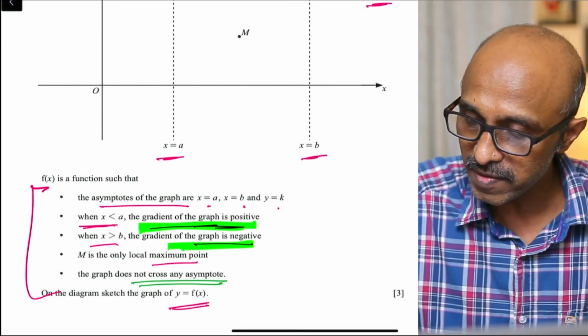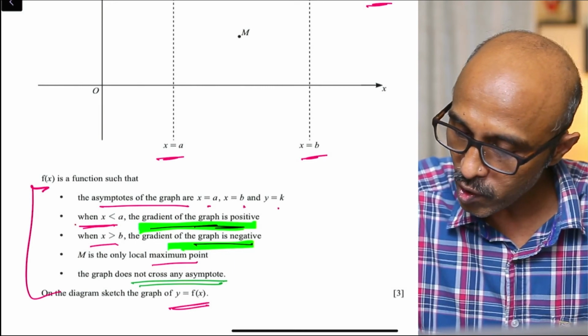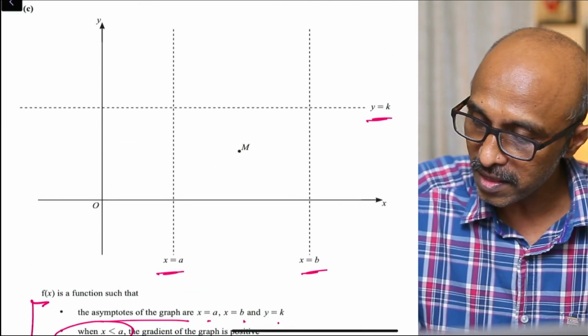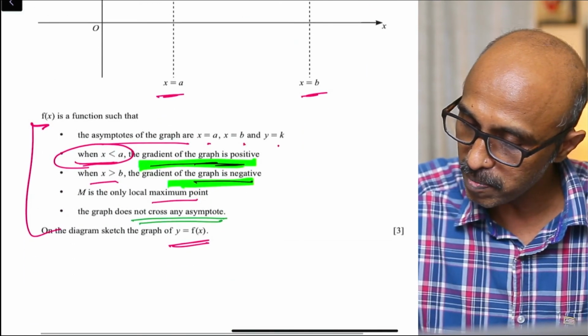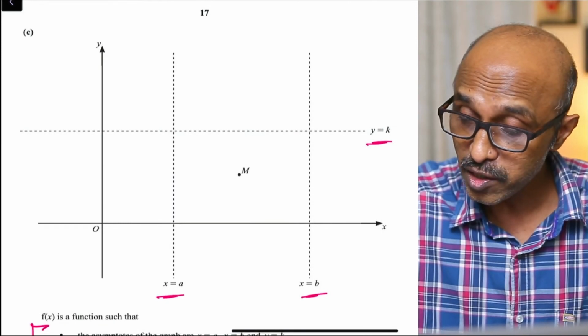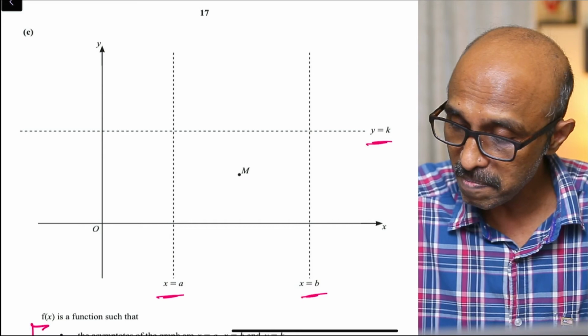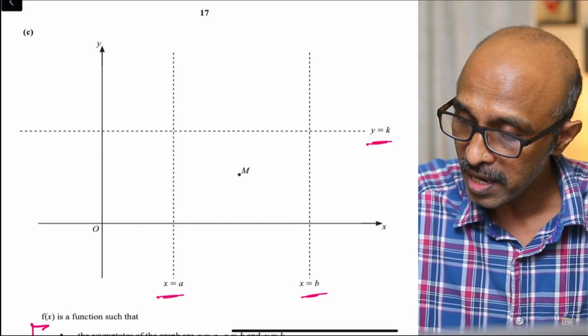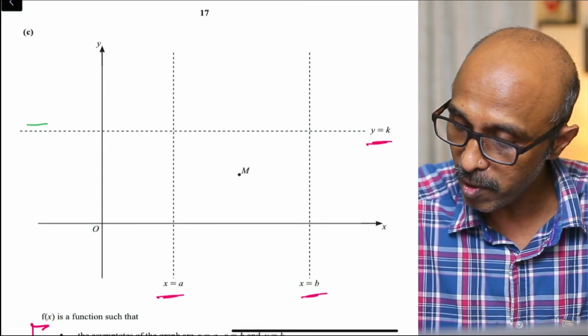So that's the shape. And they've said that for values of x before a, to the left-hand side of a, the gradient of the graph is positive. That means it has to be increasing in that region. Now, if I draw it here, then it will be crossing the horizontal asymptote. So it can't be in this block. It must be in this block.